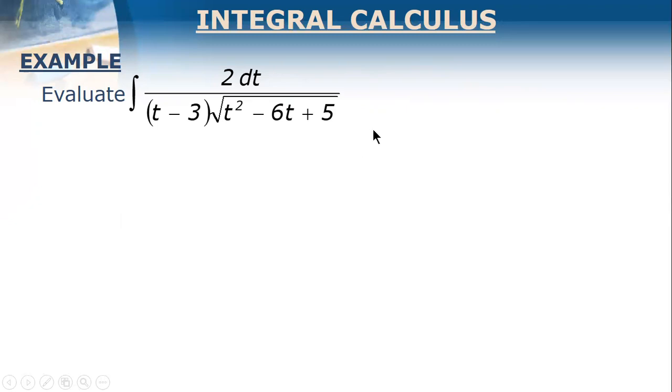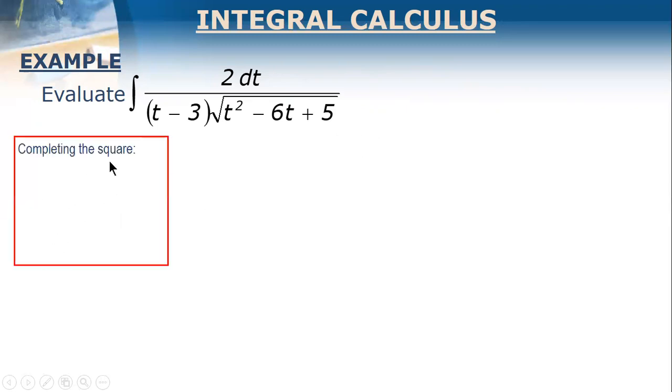So this is what we are going to do. We will use completing the square. From this one, t squared minus 6t plus 5. The process of completing the square is, for these two terms, t squared minus 6t, we are going to add a third term to make it a perfect square.